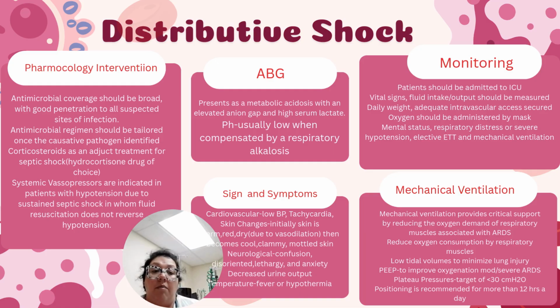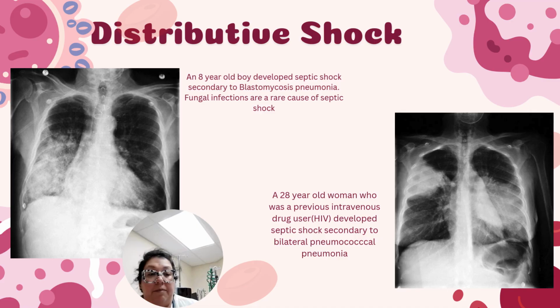So for moderate to severe ARDS, plateau pressures need to be targeted at less than 30 centimeters of water, and positioning is recommended for these patients for more than 12 hours a day. So, as far as positioning, they will follow the ARDS protocol and they will prone patients to allow their lungs to expand and be able to help them breathe a little bit more effectively.